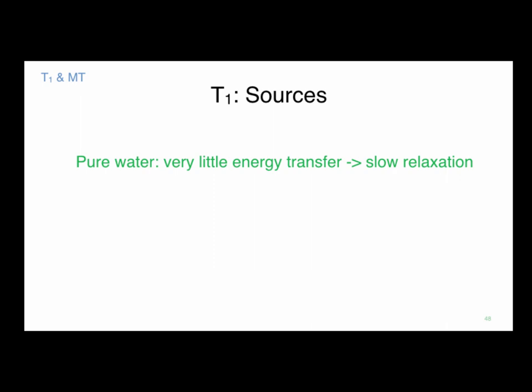Now, pure water has very little energy transfer between the state of the magnetization and the thermal vibrations, since there's not that many vibrations that have the right frequency to make this energy transfer possible. So that means pure water has a very long T1 time and a slow relaxation rate.